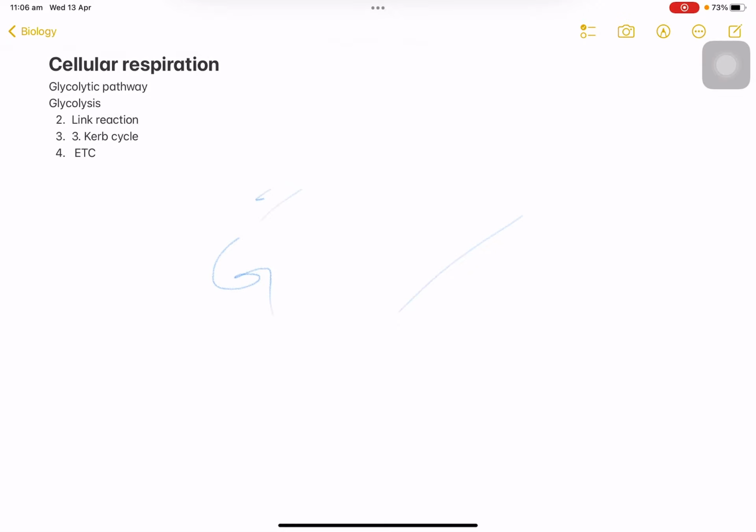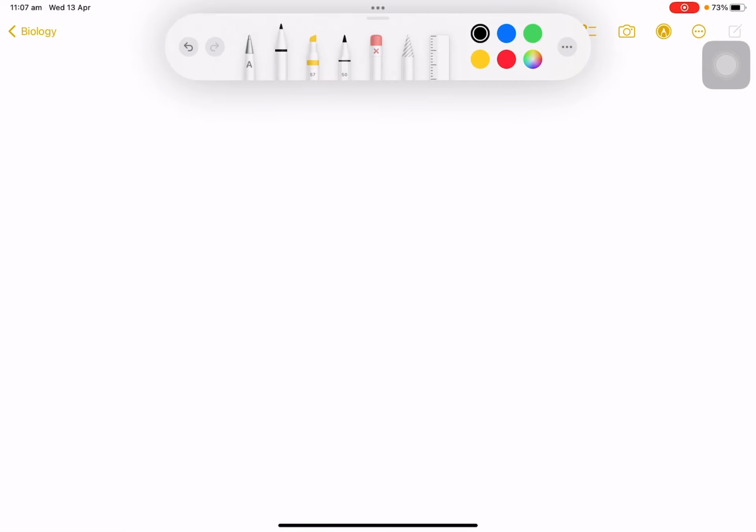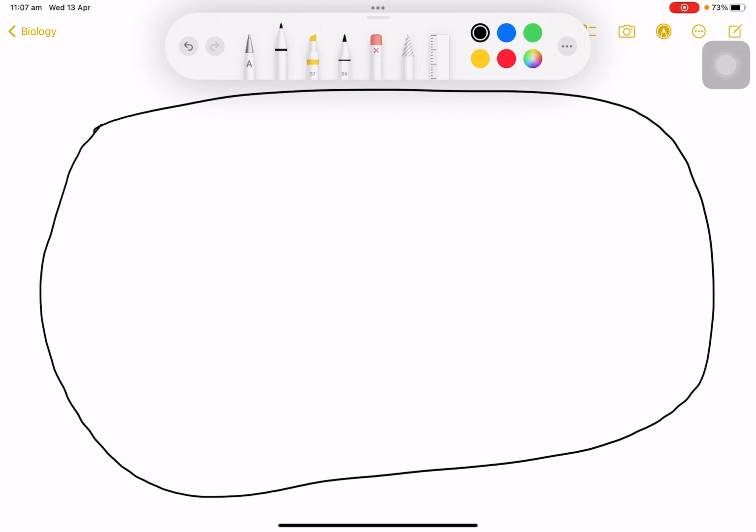Okay, let's suppose this whole screen is the cytoplasm of the cell.